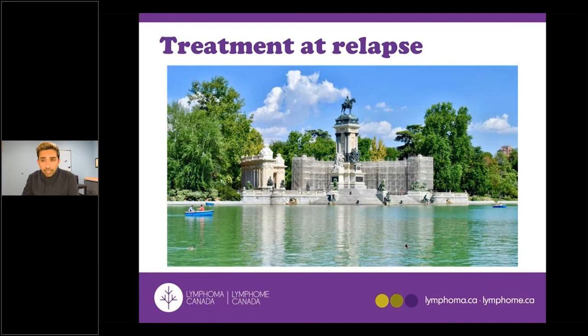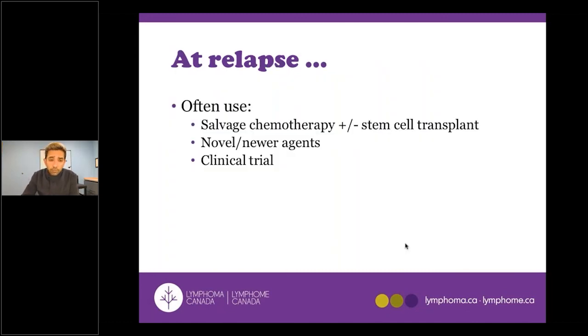So that kind of takes me to what do we do after the initial treatments fail, or what do we do when disease relapses? So at relapse, we often use salvage chemotherapy. So salvage chemotherapy means chemotherapy that they may have not received previously. So commonly used agents in people with T cell lymphoma are agents like ICE, or things like GDP.